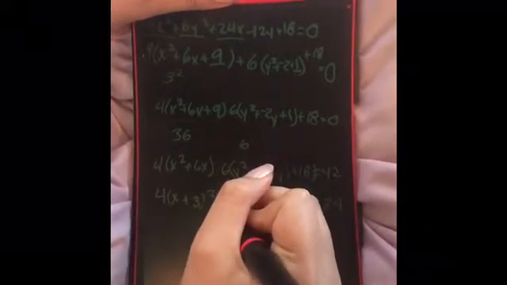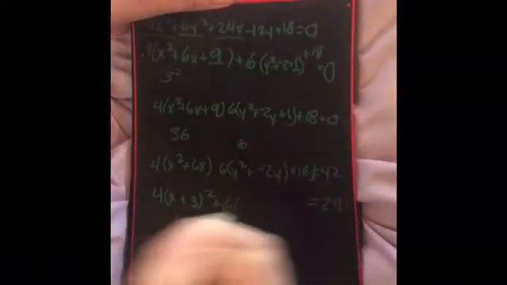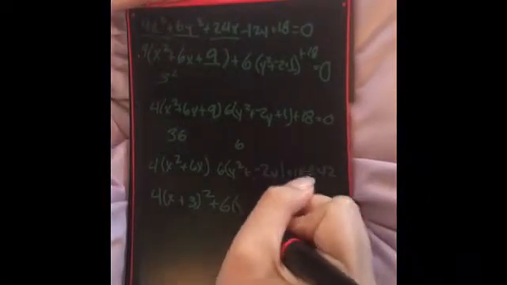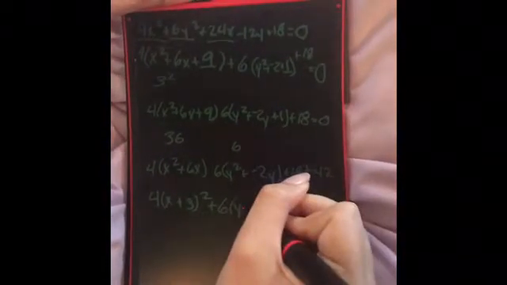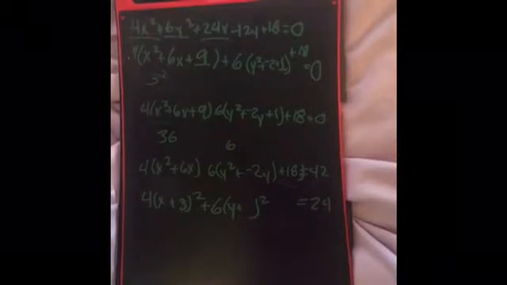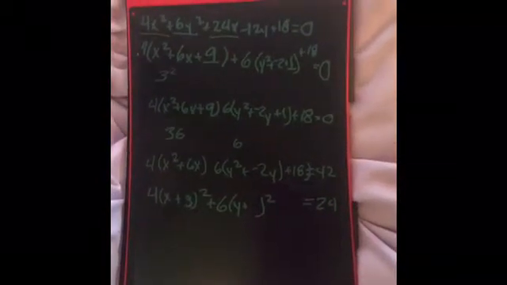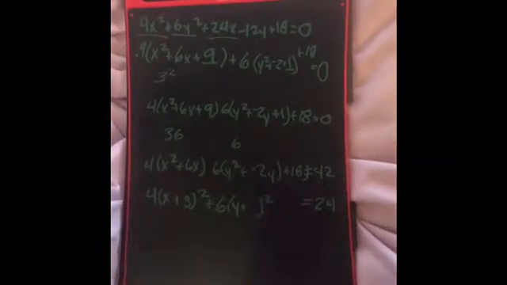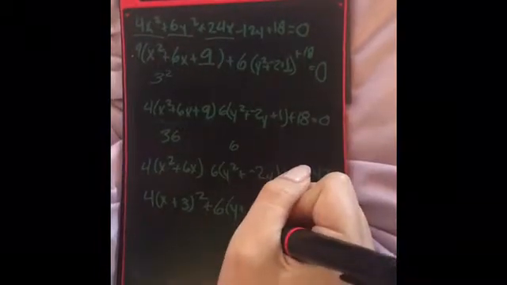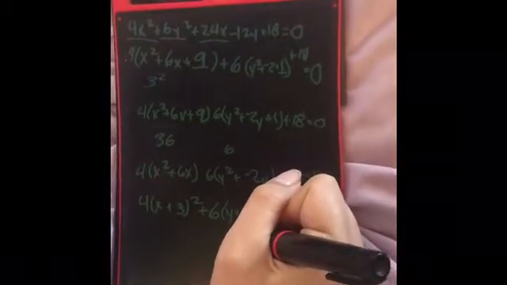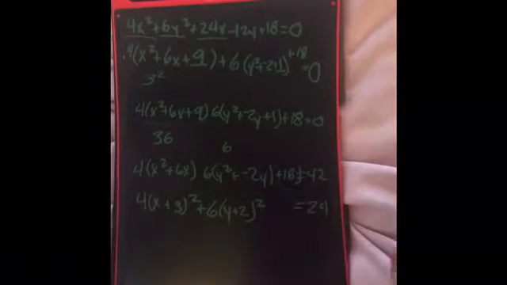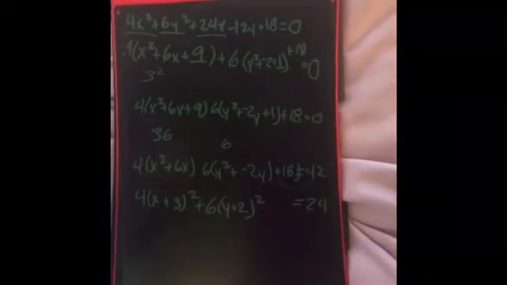And for the 6, we know y, we're going to add to the second, so we have y squared, and negative 2y times 6 is going to be negative 2, equals 24.